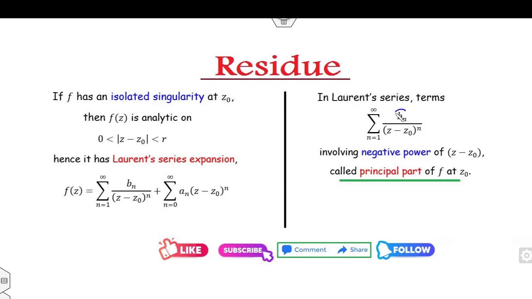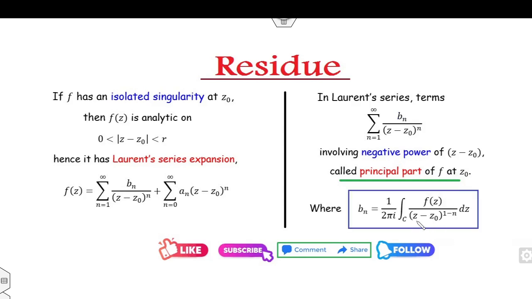The value of bn is defined as 1 over 2 pi i times the integral of f(z) over (z minus z naught) to the power n plus 1, and the value of an you can easily obtain from bn by using an equals b of minus n.